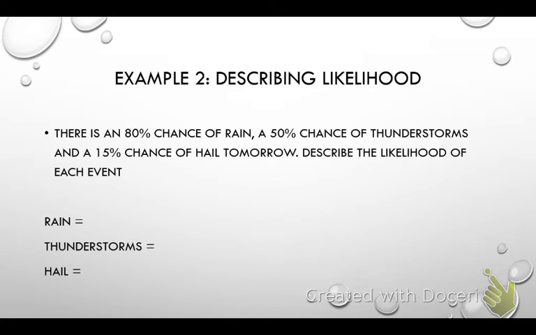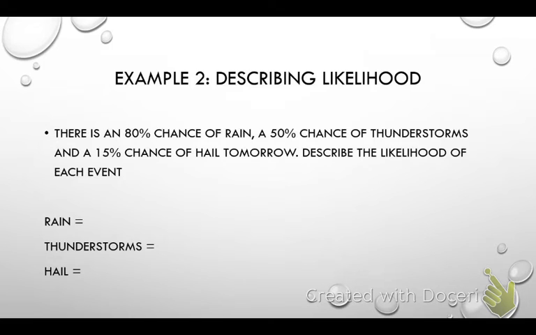But what I'm going to do is I'm going to use the specific vocabulary. Was it unlikely, likely, an even chance, impossible? What was it? Okay. So for rain, 80%. Which interval, 0, 25, 50, 75, 100, does that one fall closest to? 75%, which is likely, very likely.